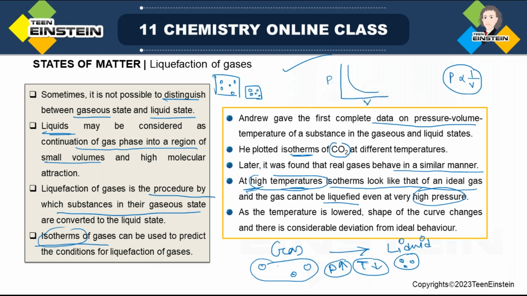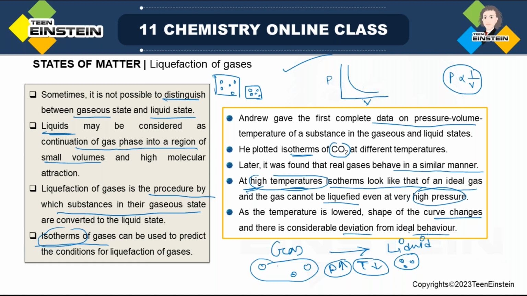where you will actually see the isotherms. As the temperature is lowered, the shape of the curve changes and there is considerable deviation from ideal behavior. So there is a particular temperature above which it will behave like an ideal gas, but when the temperature is lowered below that, there is considerable deviation from ideal behavior. So this is the region where liquefaction is possible.